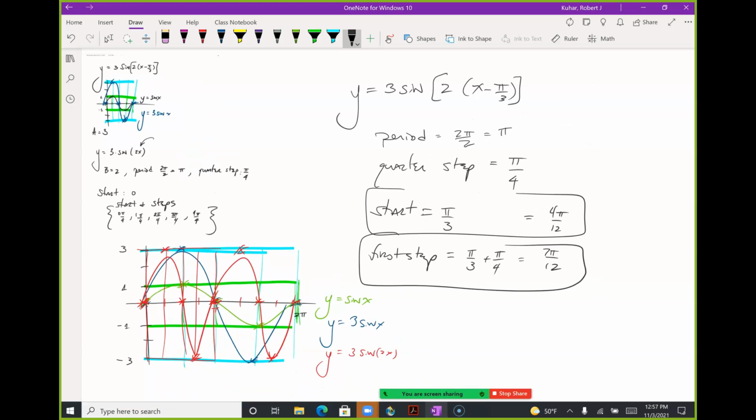And because I can notice that I'm adding what? From my start to my first step, I'm adding 3 pi, right? I'm actually adding 3 pi over 12. I'm going to keep adding 3 pi over 12 every time I move forward, right?